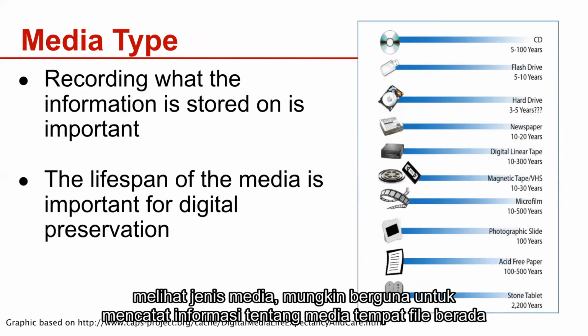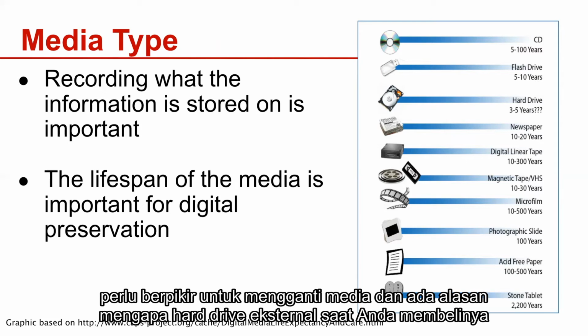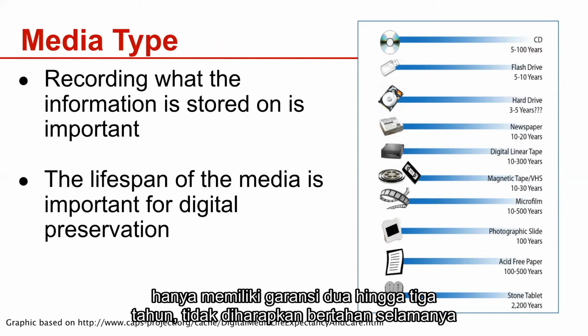Looking at media type, it may be useful to record information about the media that the files are on, as the lifespan of media varies. At different points in time, you're going to need to think about replacing media. And there's a reason that external hard drives, when you buy them, only have a 2 to 3 year warranty. They aren't expected to last forever.